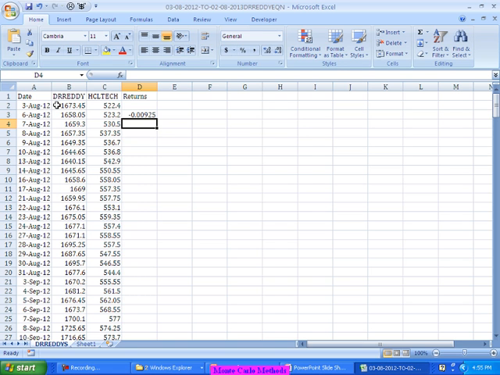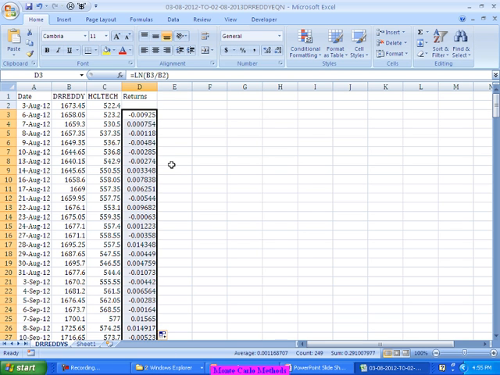On a day basis, you could very well do today's price minus yesterday's price divided by yesterday's price, but that gives me a discrete return. If I take it as a continuous return, the same thing gets translated as the logarithm of S1 by S0. So these are the daily returns for all the days.